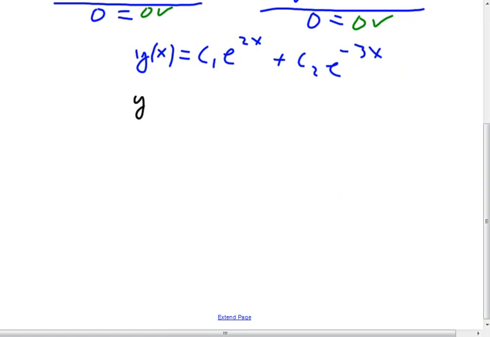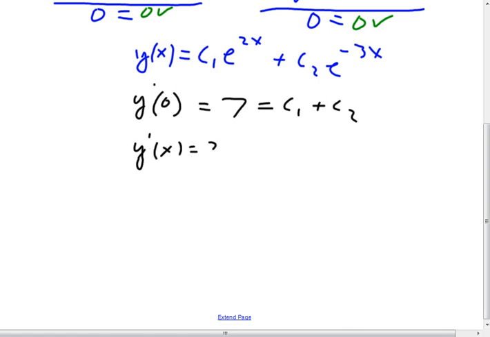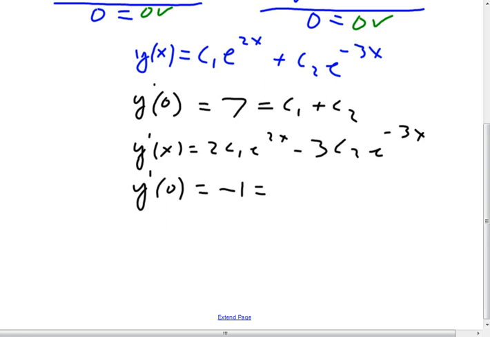So I go y at 0. y at 0 is 7, which is going to be c1 plus c2. y prime of x is 2c1 e to the 2x minus 3c2 e to the minus 3x. And y prime at 0 is minus 1, which is going to be 2c1 minus 3c2.